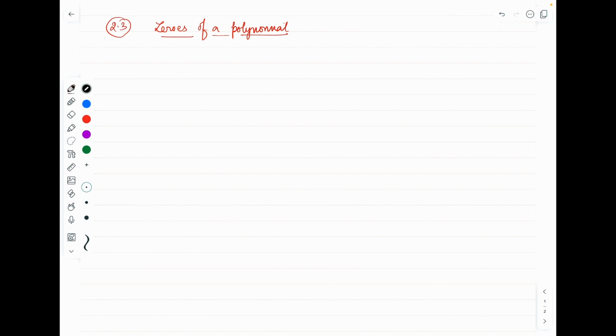In the previous lecture we saw how to write a polynomial. So let us take a polynomial P of x. This was the form that we are writing. P of x equals 5x cube minus 2x square plus 3x minus 2. So this is the polynomial that I have taken.